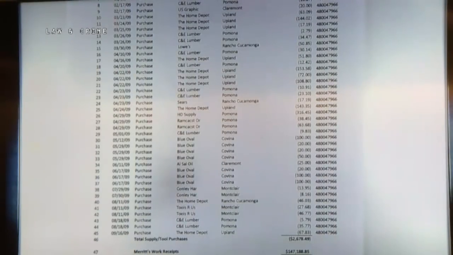I went through the defendant's bank accounts and picked out all the checks that he received from EIP, and then I also added in the checks that we talked about earlier that were cashed from EIP, and the total of those together is merits work receipts totaling $147,188.85.